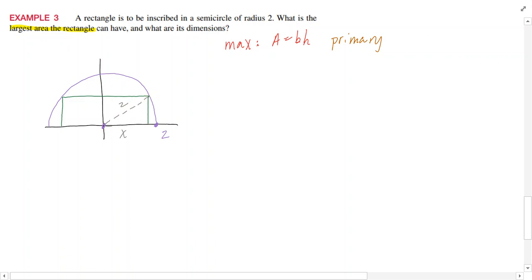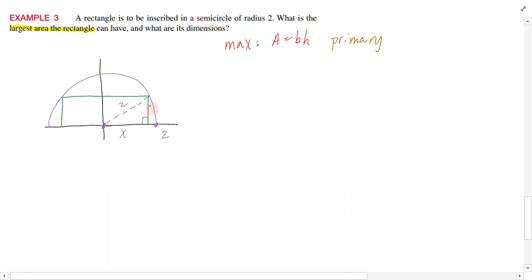So what do you see happening here? If I'm focusing in on just the rectangle here, or this image here in the first quadrant, I hope you see that I've drawn a triangle that has a base of x and a hypotenuse of 2.